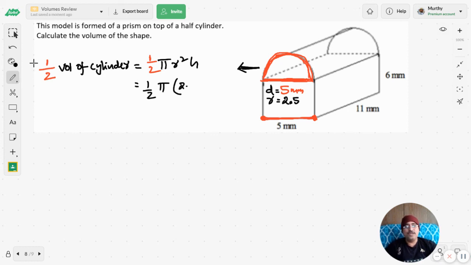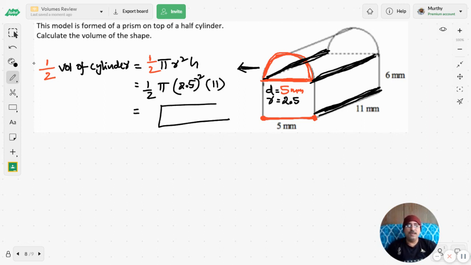What is the height? This one represents the height, which is the same as this one, which is the same as this one. Therefore, the height of the half cylinder is going to be 11 units. Again, I'm not computing this part, I'm leaving it to you.